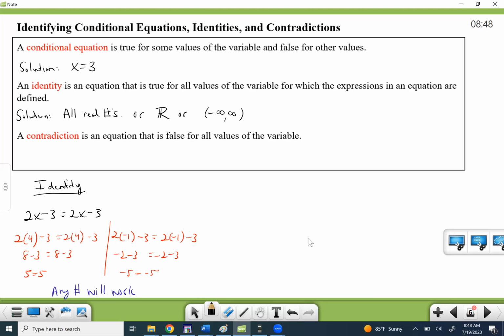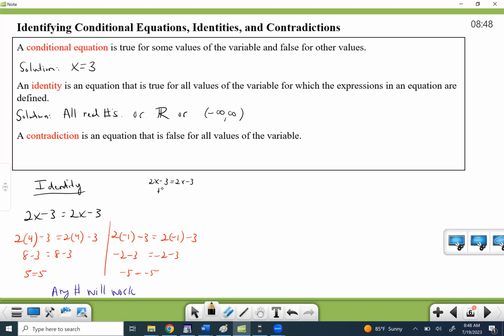All right, then the exact opposite of an identity is going to be a contradiction. So the way that you can spot, oh, by the way, I forgot to tell you. So on this 2x minus 3 equals 2x minus 3, right? Sometimes students can't spot it because they're just in the zone of doing algebra, that's fine.